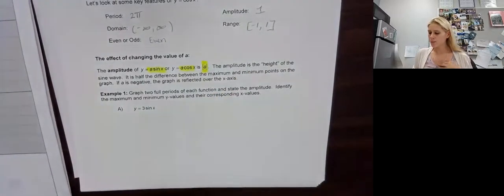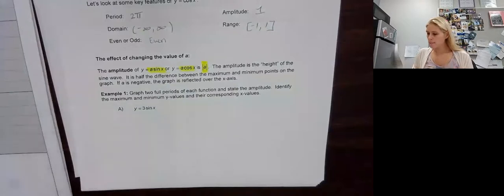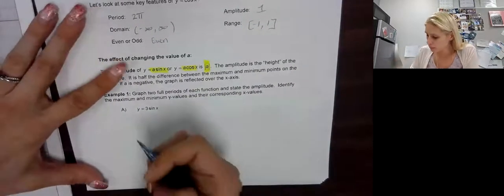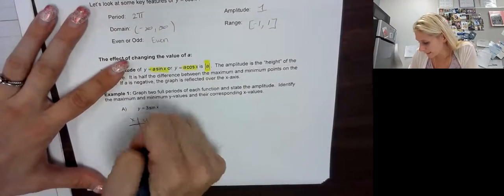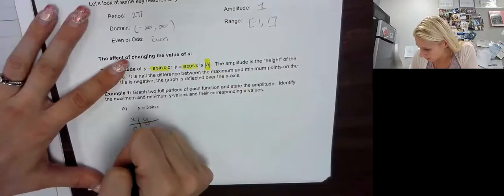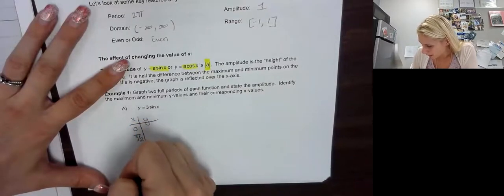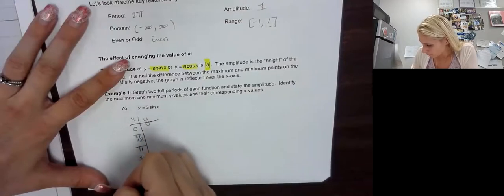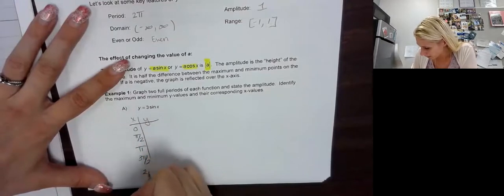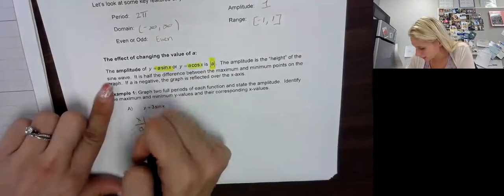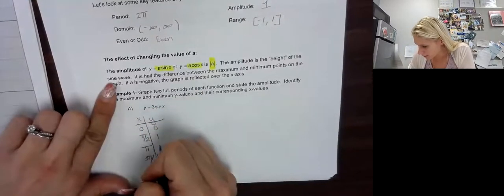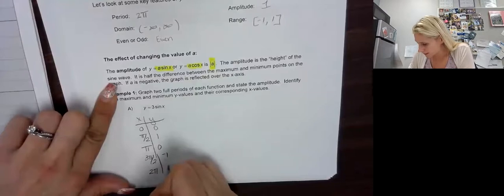So what we're going to do right now is we're going to graph 2 periods of the function and state the amplitude, identifying the max and min values of the corresponding. So I'm going to do this with you. We're going to start with our parent function, which since it's sine, we're going 0, pi over 2, pi, 3 pi over 2, and 2 pi. Okay, and sine, remember if we go back to our sine table, it's 0, 1, 0, -1, 0.